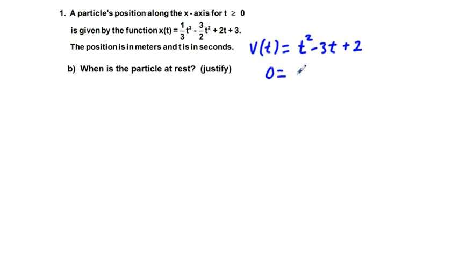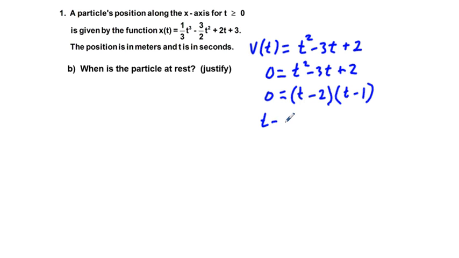So 0 equals t squared minus 3t plus 2. Now we'll attempt to factor. 0 equals the quantity t minus 2 times the quantity t minus 1. So t minus 2 is equal to 0, and t minus 1 is equal to 0. So we have t equals 2 and t equals 1.